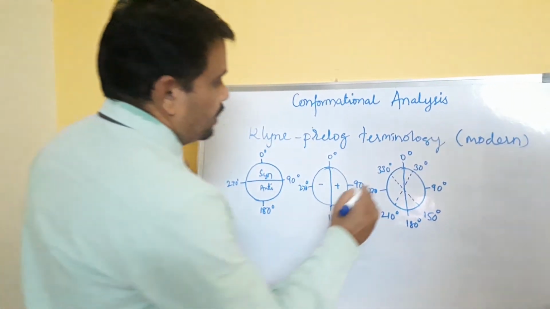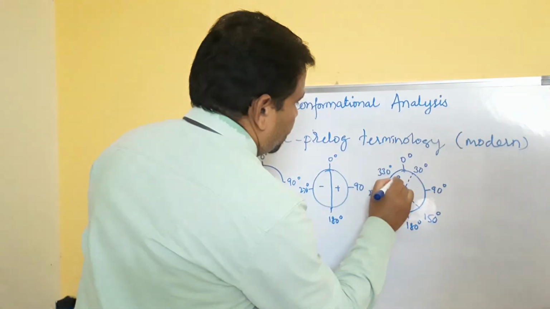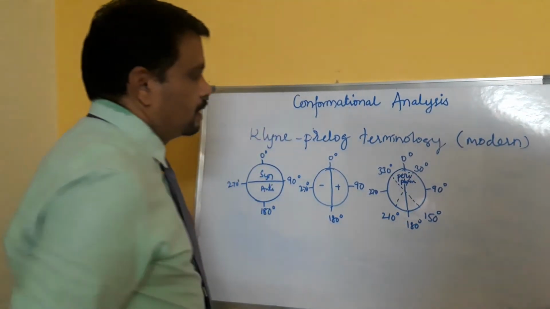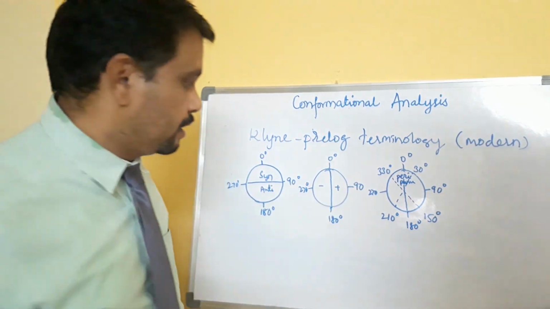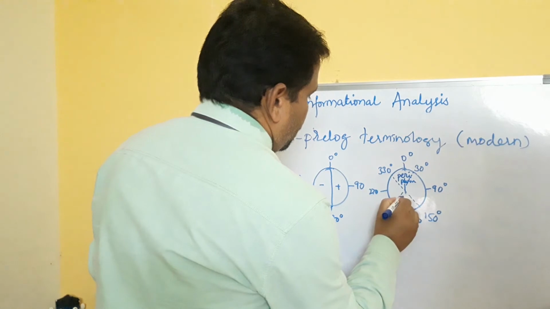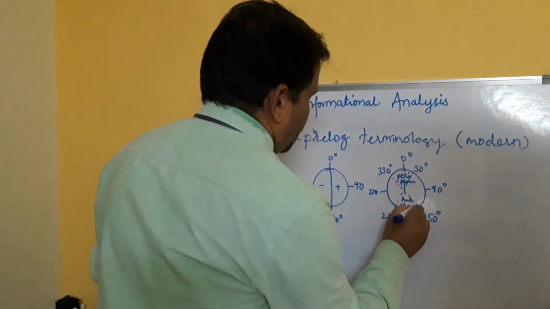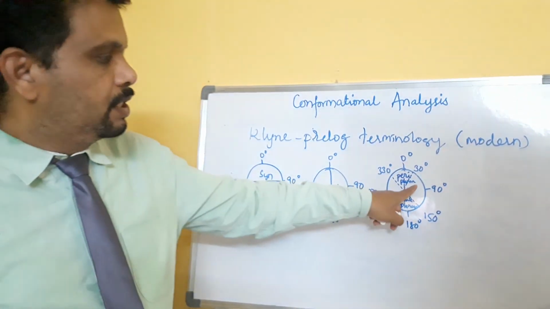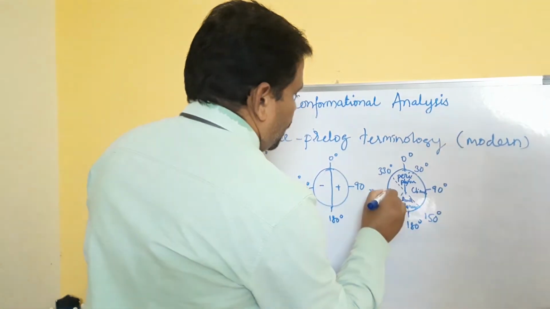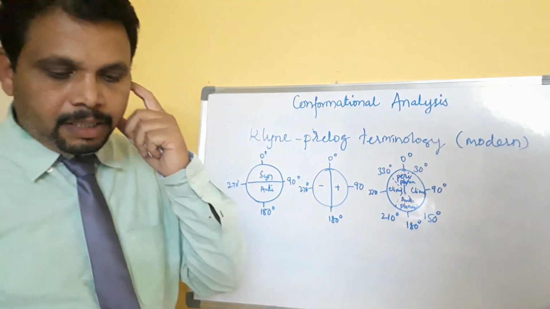So the above one is called periplanar. The below one is called antiplanar. So this side is called clinal, and this side is also called clinal.